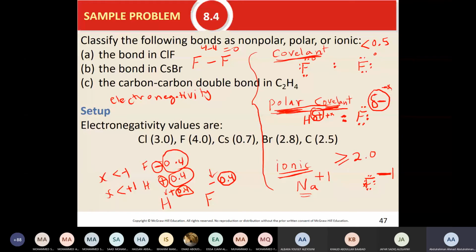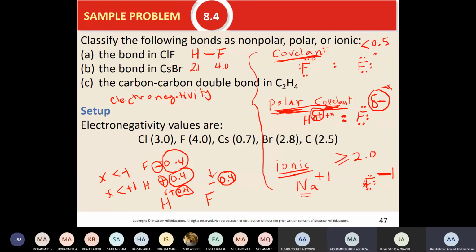Let's try hydrogen and fluorine. Is this bond covalent or polar covalent or ionic? Take the difference. What's it for fluorine? And for hydrogen it is 2.1.